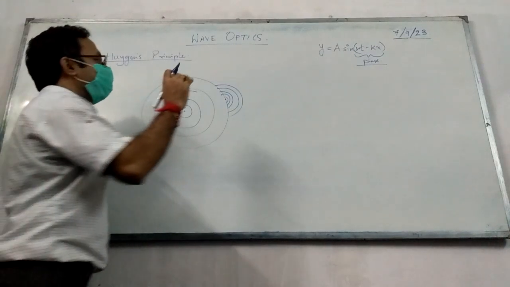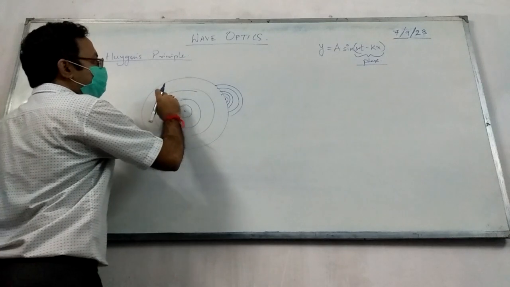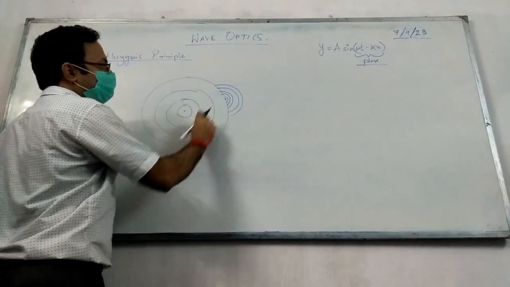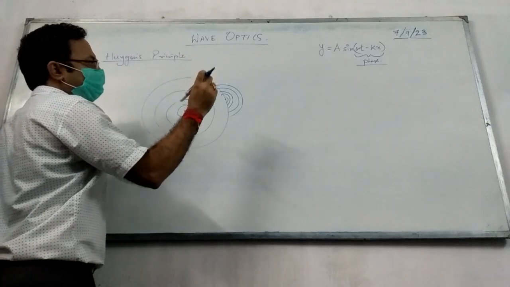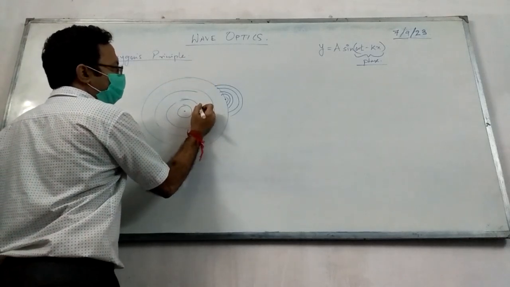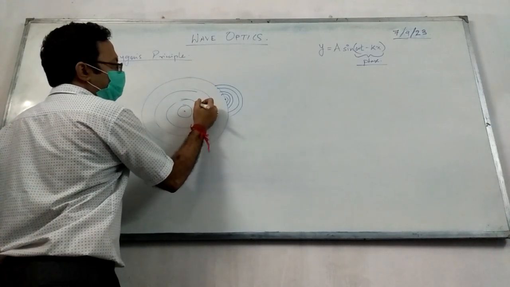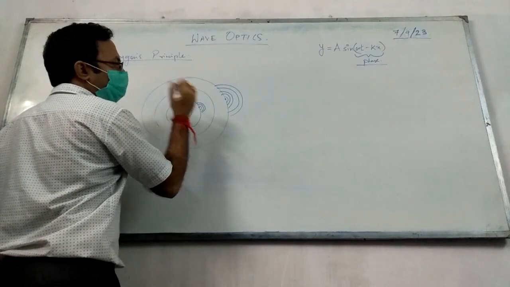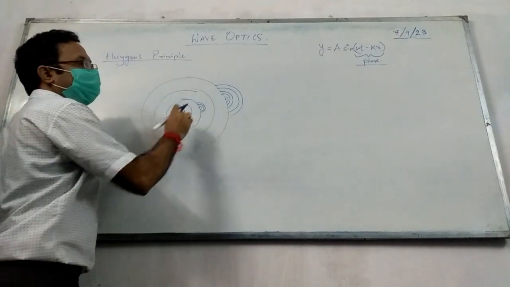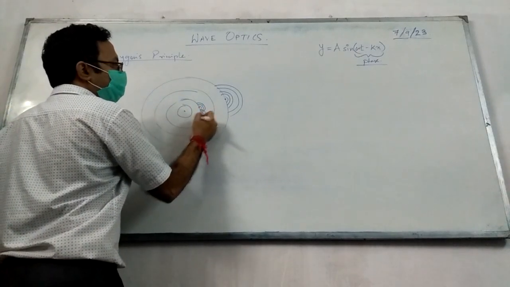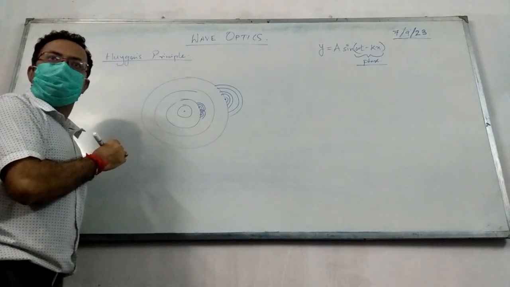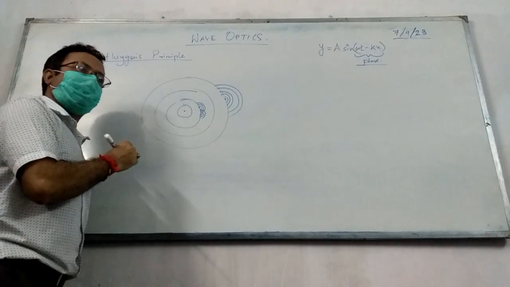क्या हो रहा है? Huygen's principle बोल रहे हैं कि when you see a wave front, you see actually the resultant of all small wavelengths. Like if you take this wave front, any point on this wave front creates small wave fronts which are called wavelengths. Again, you take another point, it will create small wave fronts, which is all its wavelengths.